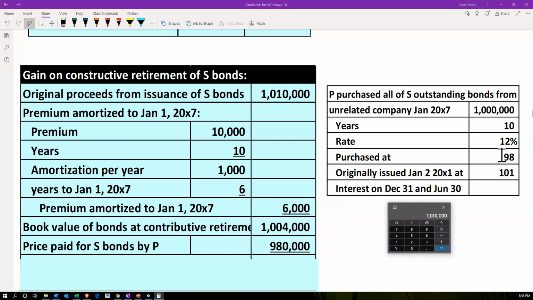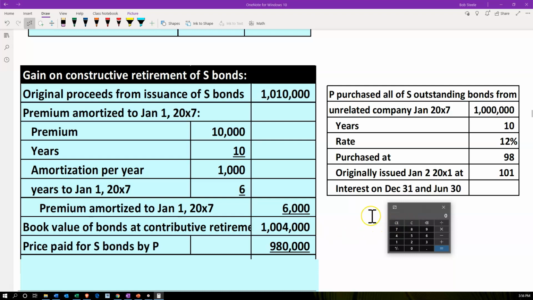Note, we're not comparing this discount to the face amount, as P will do that when P records it. We're comparing it to the book value of the bonds on S's books to figure out the gain on the constructive retirement.